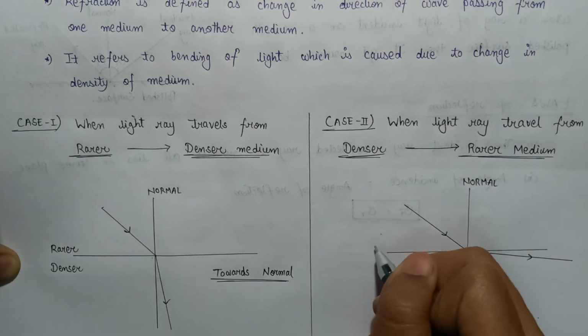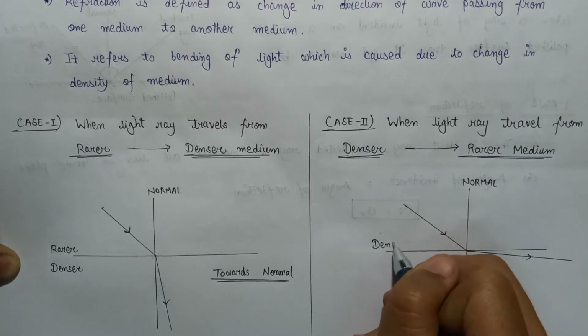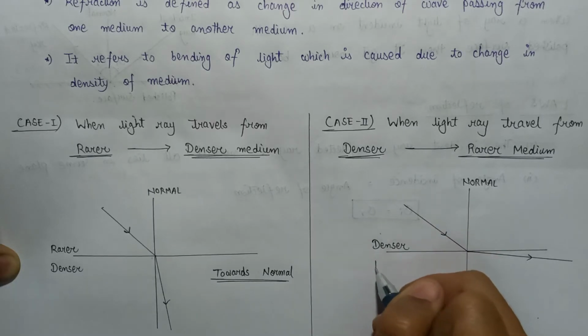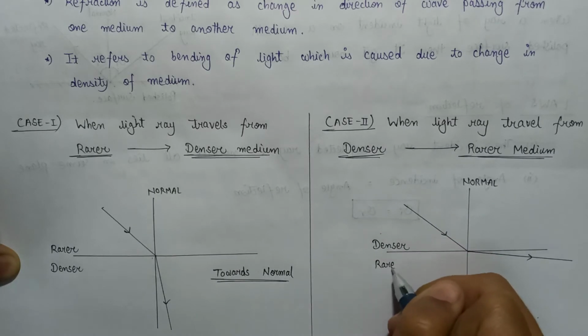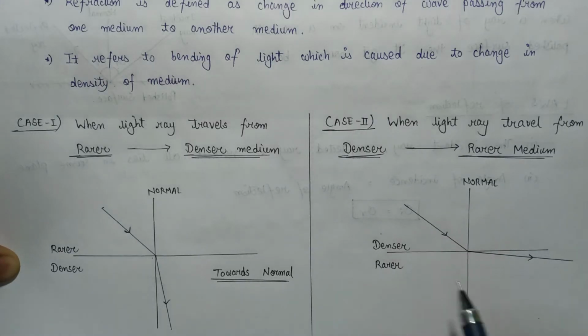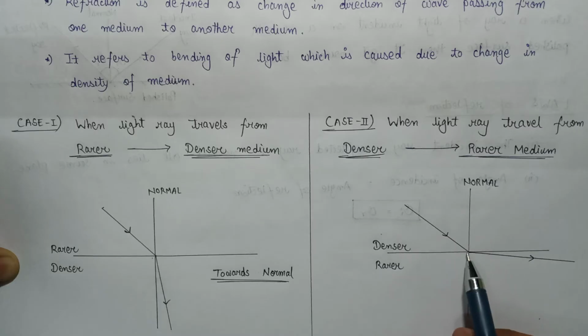Let's suppose this is the denser medium and here is the rarer medium, and the ray of light is traveling from the denser medium towards the rarer medium. In this scenario it will bend away from the normal.